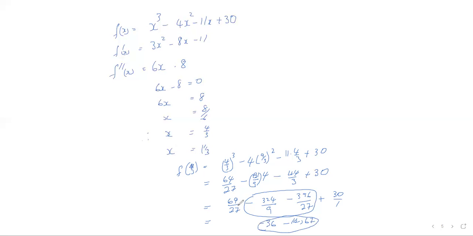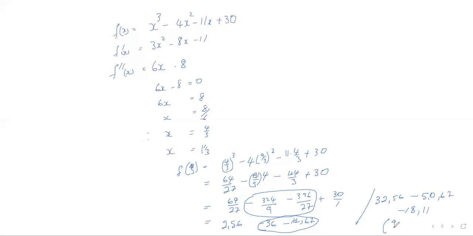Then 69 divided by 27, 2.56, and then this plus 30, we get 32.56 minus 50.67. 32.56 minus 50.67, negative 18.11.